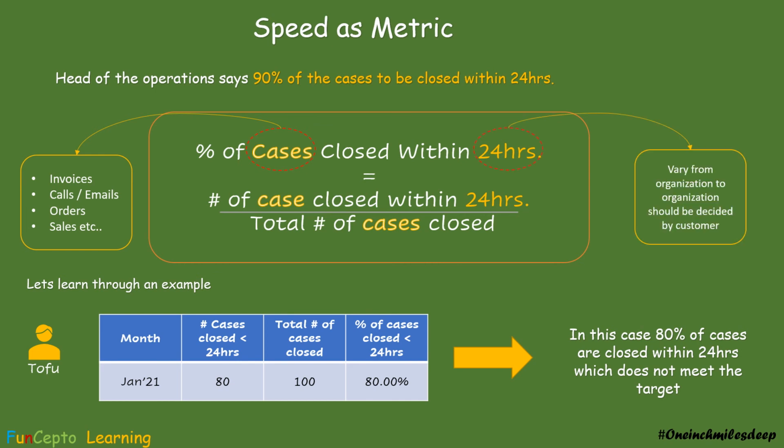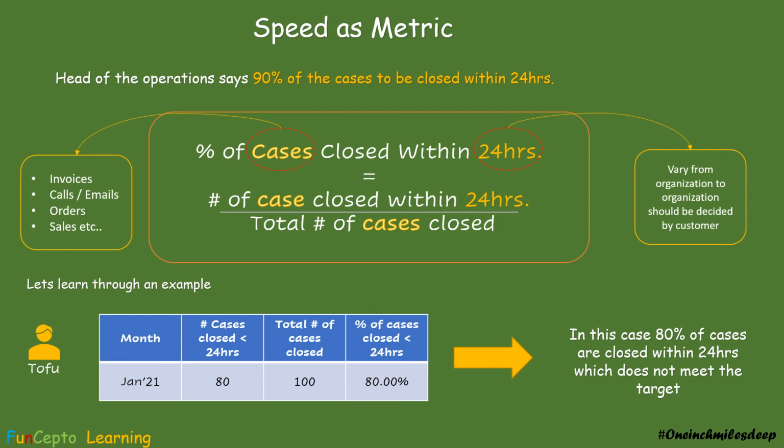Now you can also tweak the time that you set depending upon the voice of the customer. I'm also going to give you the link to the voice of the customer in this description, which will talk to you about how you derive a target. This particular 24 hours is an example for Tofu.